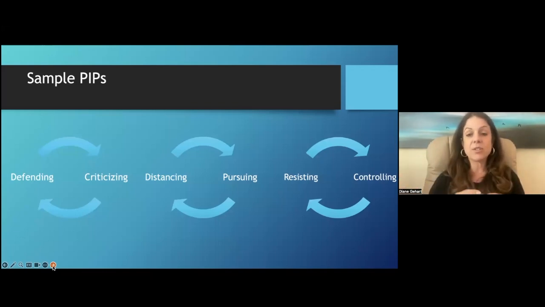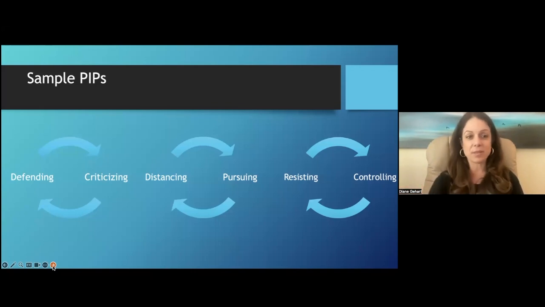In romantic relationships, you might have one person pursuing for closeness, the other one feels overwhelmed and distances. So the pursuer gets more anxious and pursues harder, which gets the distancer to pull back. So you can create these symptomatic patterns that underlie the problems that clients are bringing to us.